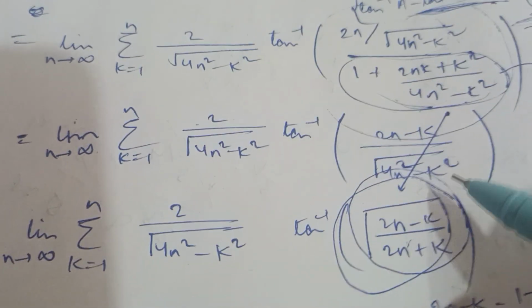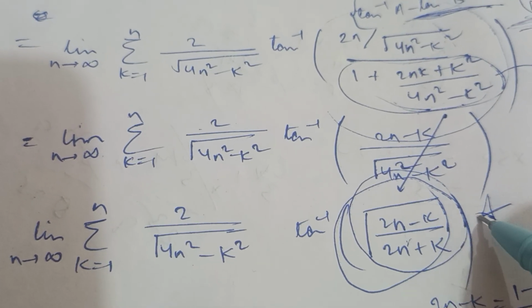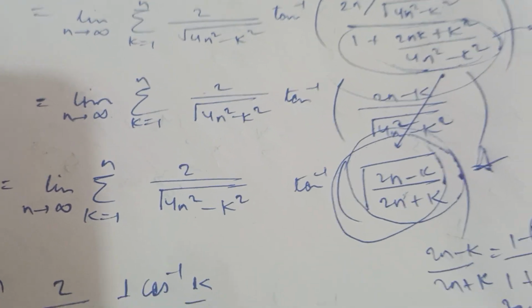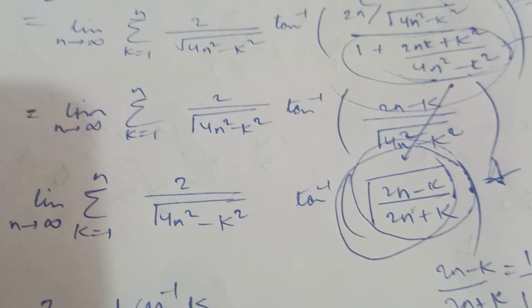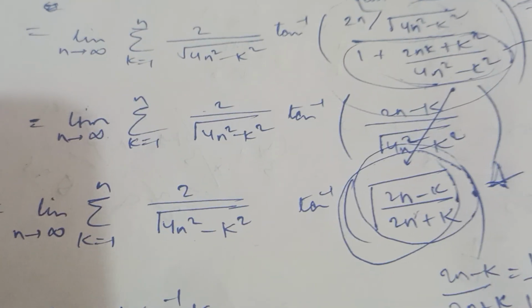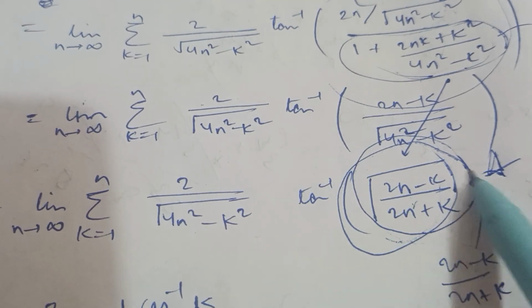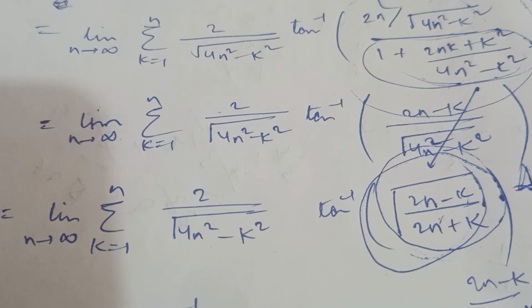Most of the time I was able to come to this step, but moving on from here was the difficult part. Now if you see, I can't do much of anything with the limit or the summation. I need to simplify this thing, then only I can apply the limits and solve the summation.